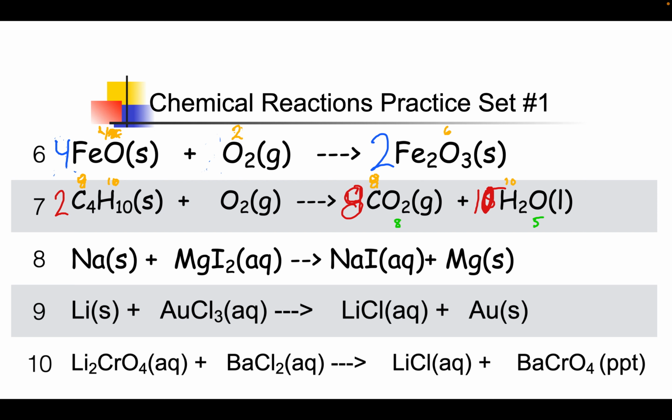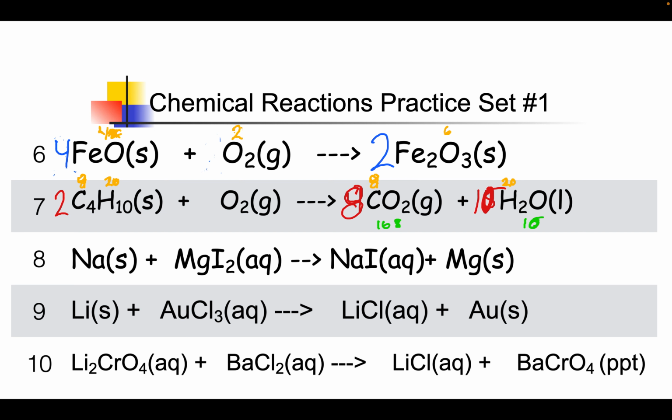I have now 20 hydrogens, and over here now I have 20 hydrogens. It was 10, now I have 20. And everything else should work out too, because now these oxygens, I have 8 times 2, so that's now 16 oxygens over there, and 5 times 1, now instead of 5 it was 10. So now 10 oxygen. So 16 plus 10 is 26.